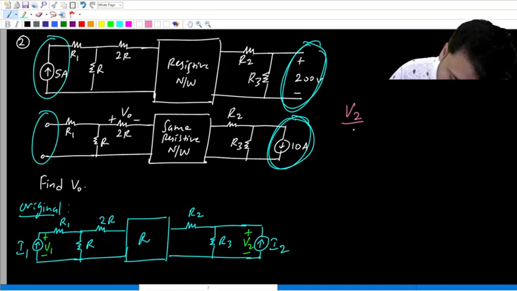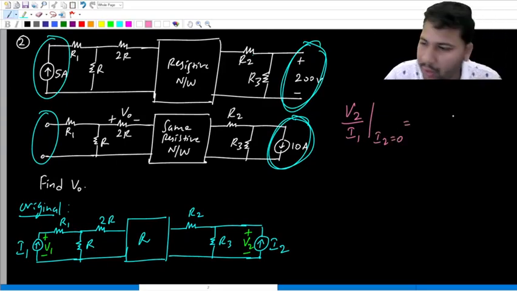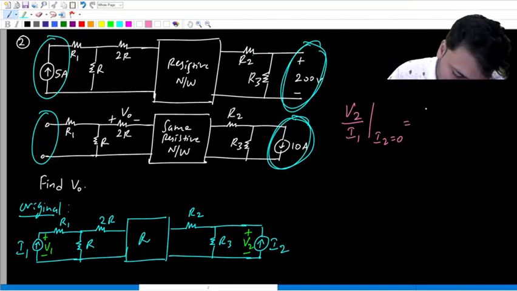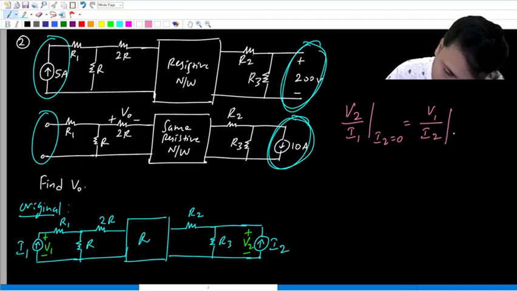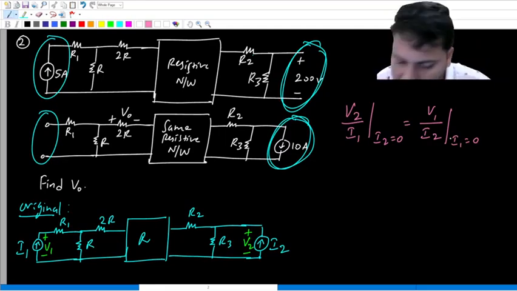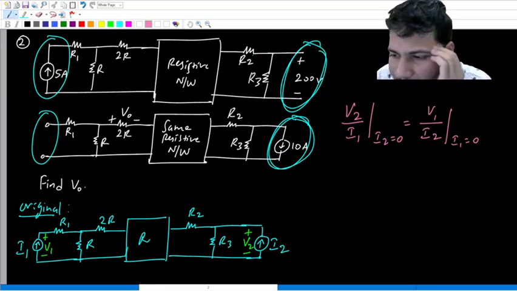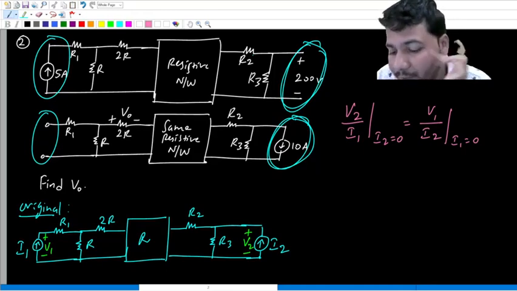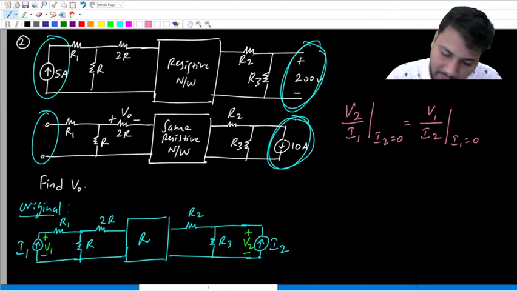Then V2 by I1, when I2 is made 0, is equal to V1 by I2 when I1 is made 0.